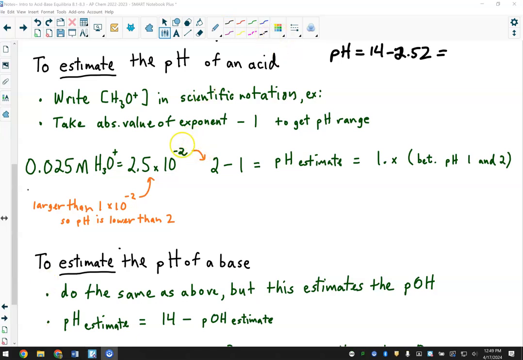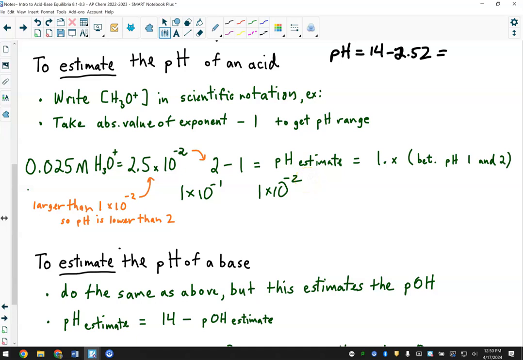So yeah, that exponent has something to do with the number before the decimal point in the pH. So how would you estimate a pH? Well, this number right here, 2.5 times 10 to the negative second, is between 1 times 10 to the negative first and 1 times 10 to the negative second.